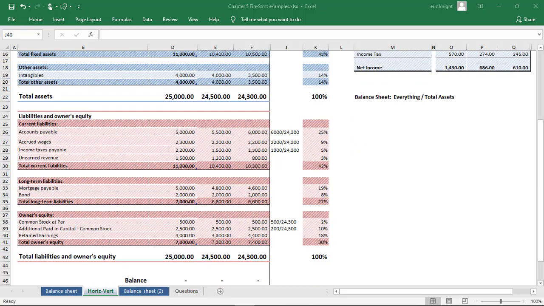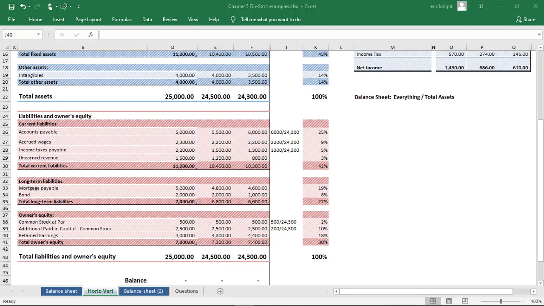We continue down into the liabilities and equity, because it helps us to see how we got our business. What are our biggest obligations, and how much of that obligation is it compared to the resources that we have? We can see that our accounts payable are a pretty big chunk of our organization: 25% of our assets.